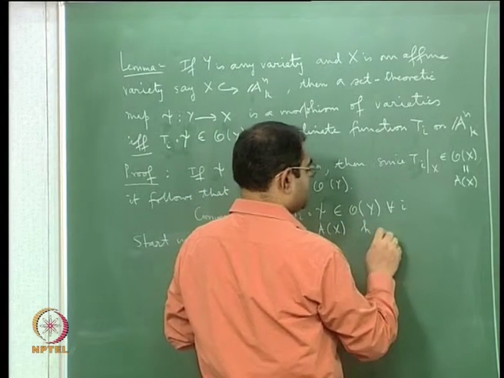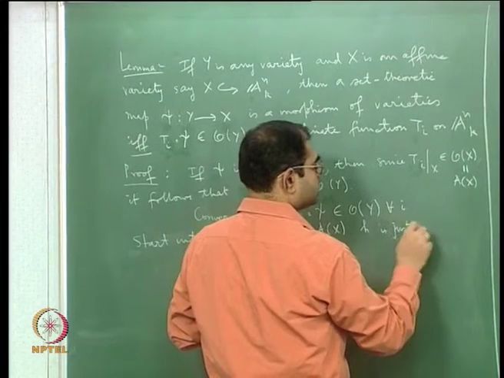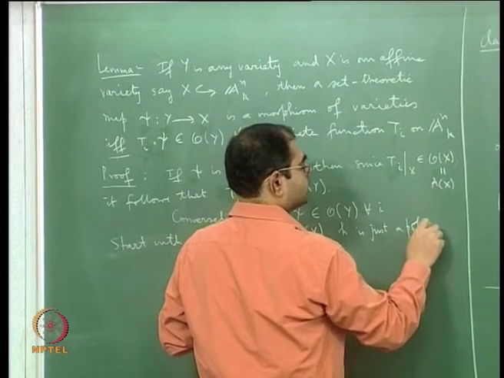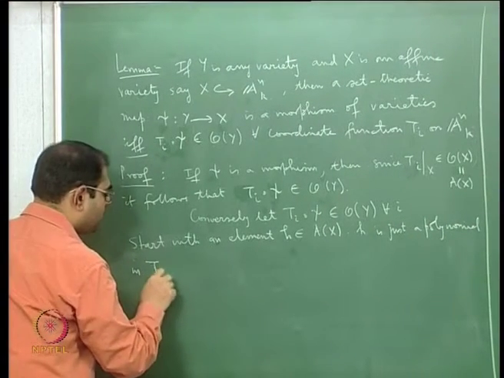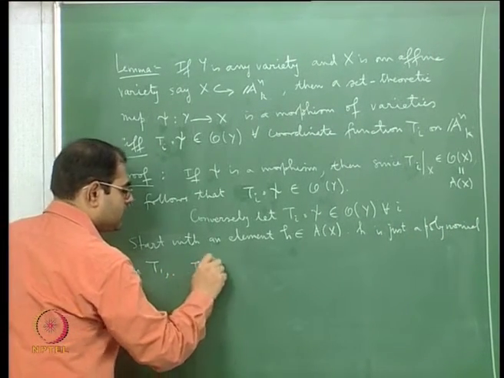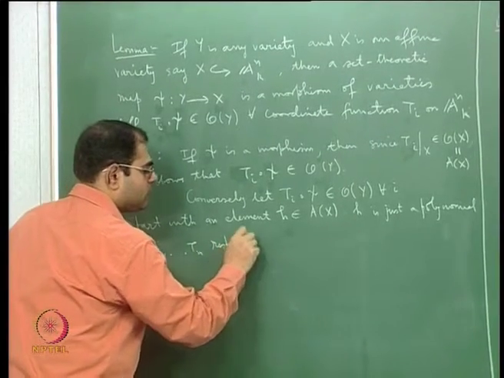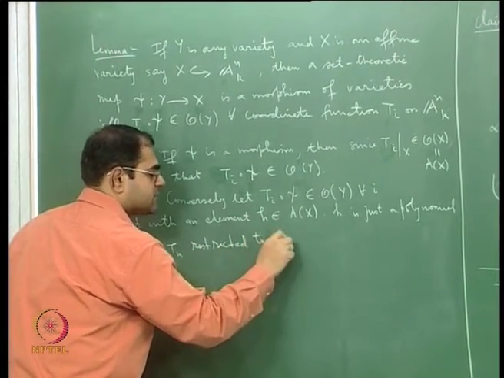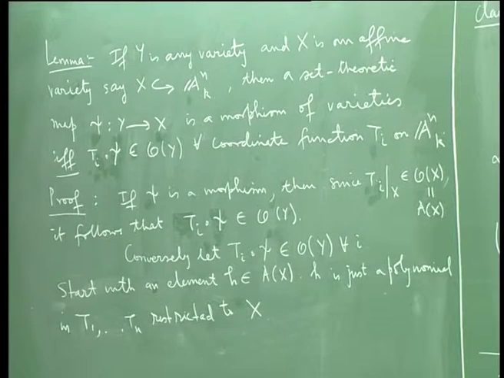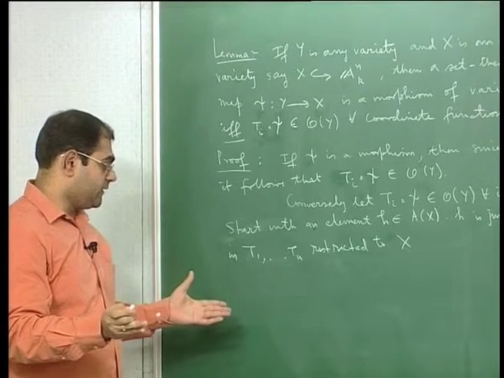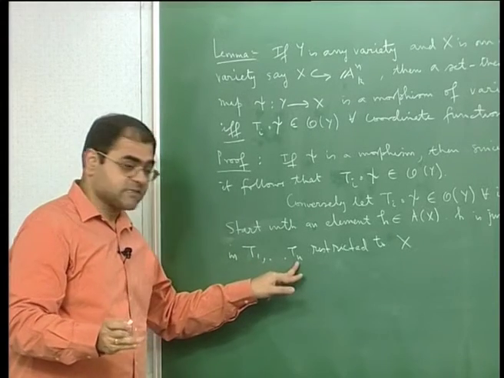H is just a polynomial in T1 through Tn restricted to X. This is what it means, because X is an affine variety in An, and the ambient affine space An in which X sits is supposed to have these as coordinates.